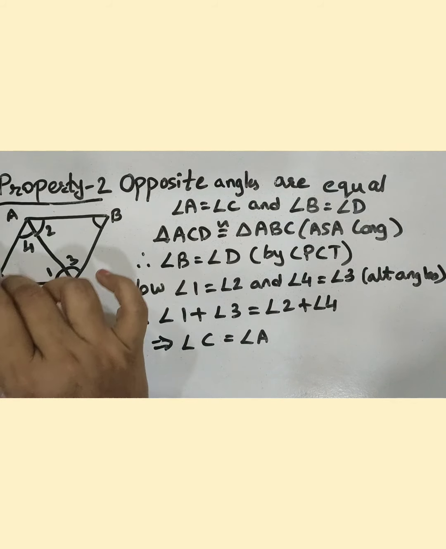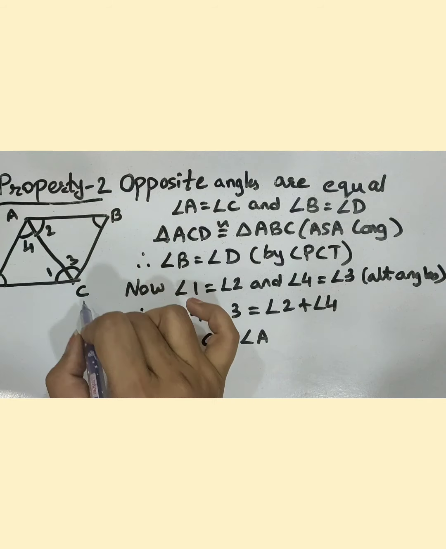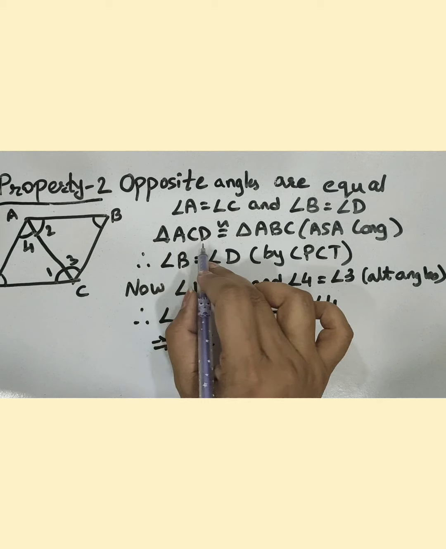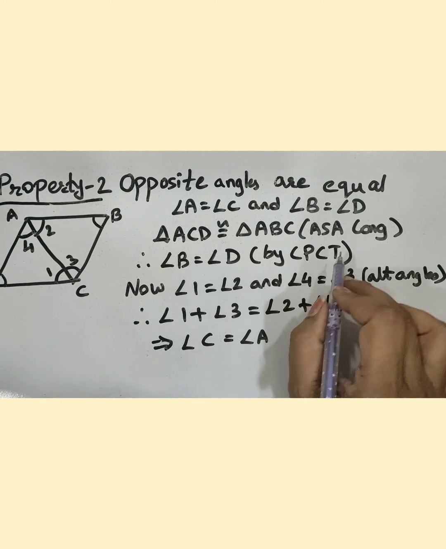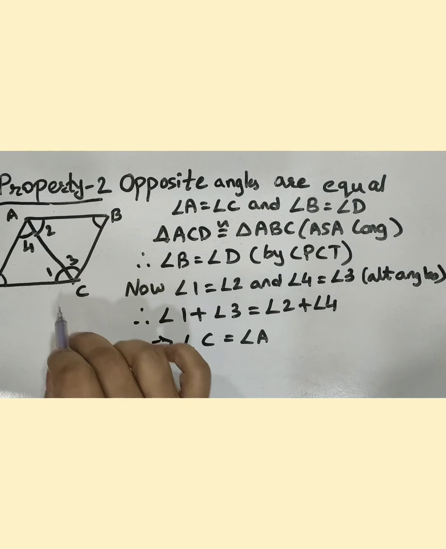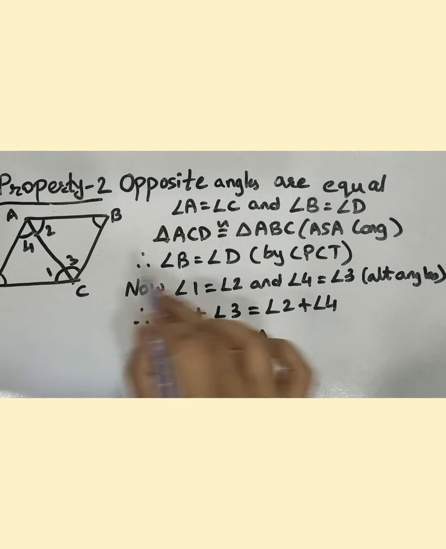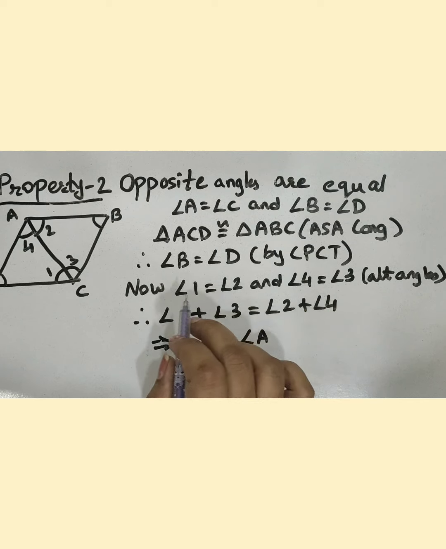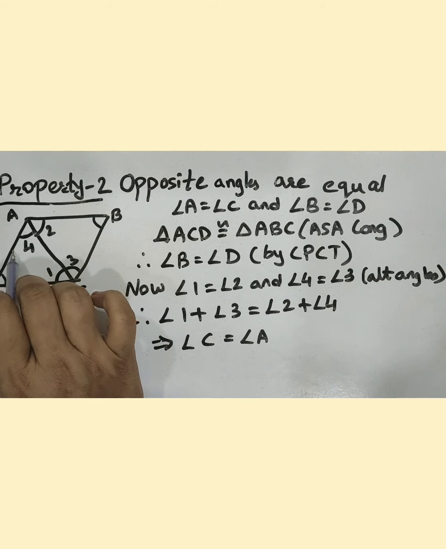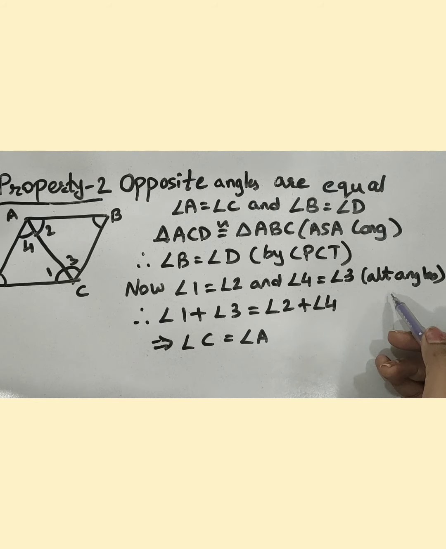Now if you take the parallelogram ABCD and draw diagonal AC, then it will get divided into two triangles. So triangle ACD is congruent to triangle ABC by angle side angle congruence. So from that we can say that angle B is equal to angle D by CPCT. So angle 1 is equal to angle 2, angle 3 is equal to angle 4, that is because they are alternate angles.